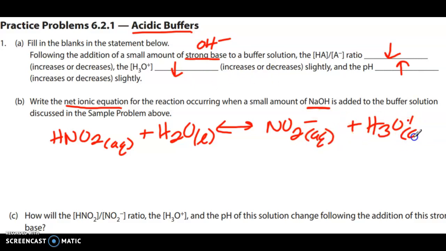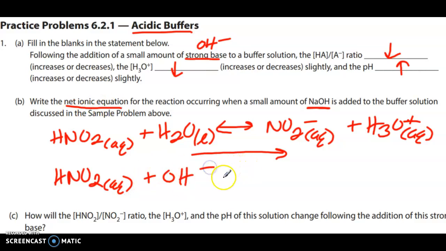Okay, so remember, when we are adding a strong base, that is going to react with our hydronium, causing a shift to go in the forward direction. So essentially what's happening here is you have HNO2 reacting with the hydroxide ion, arrow, NO2 negative plus water.